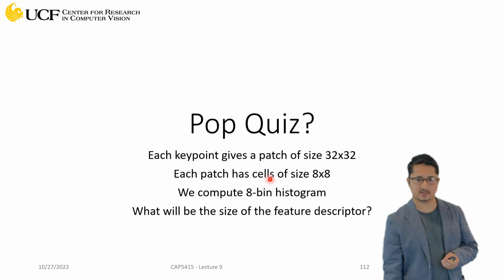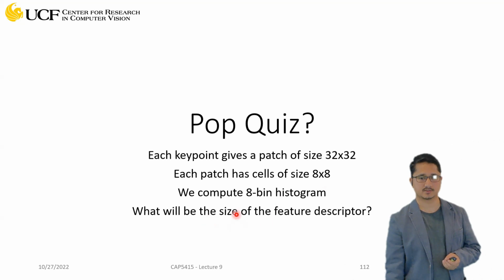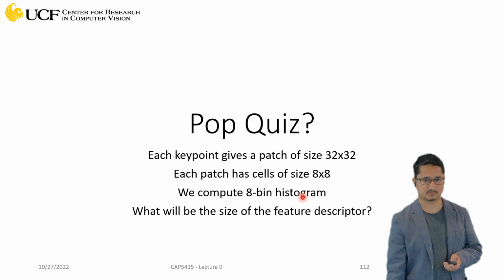We compute an 8-bin histogram for each cell. What will be the size of the feature descriptor for this whole patch?